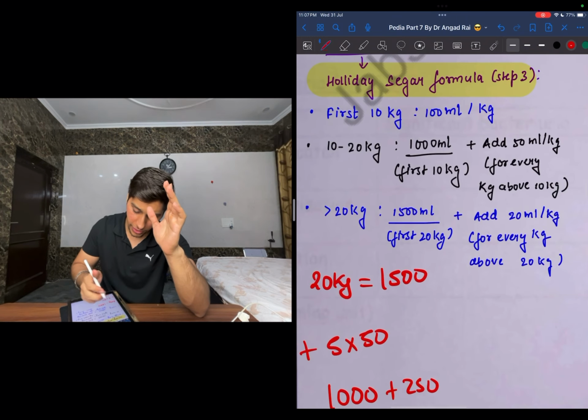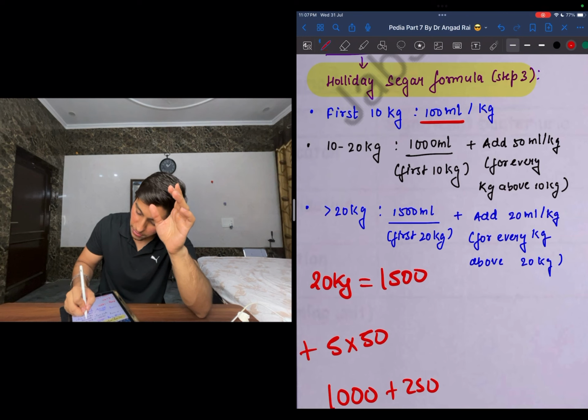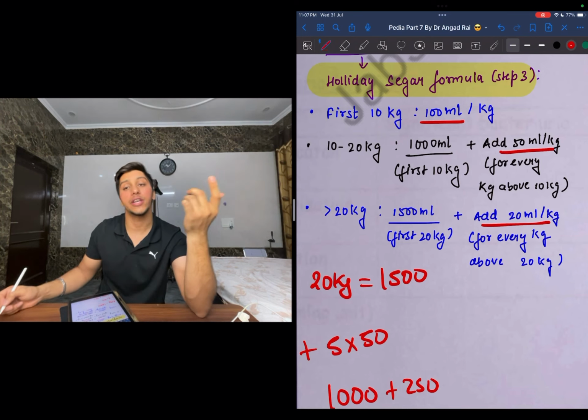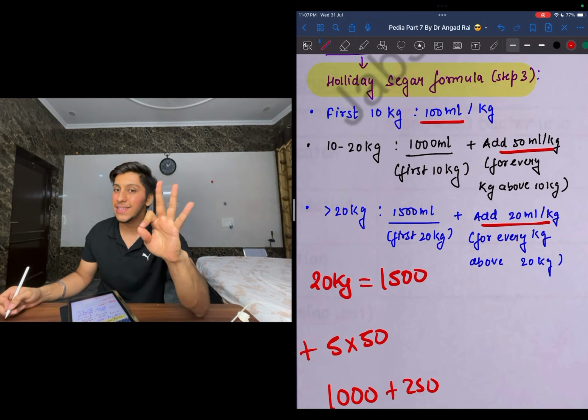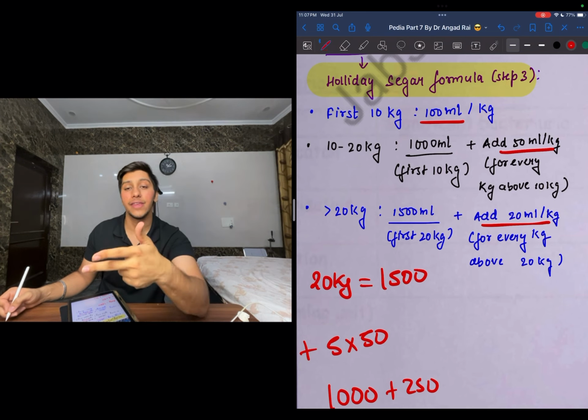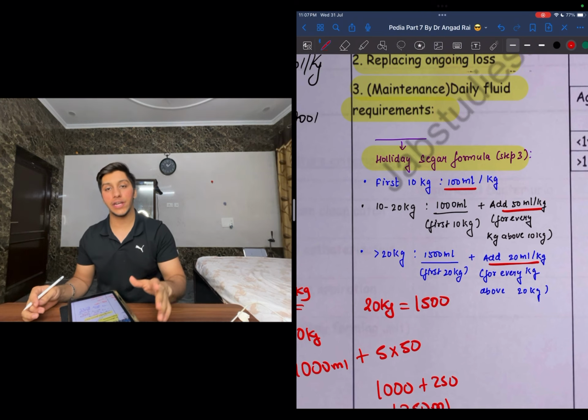I have written it over here. First 10 kgs 100 ml per kg, next 10 to 20 kgs add 50 ml per kg, and after 20 kg you'll add 20 ml per kg. Simple. These three things you have to do over here: rehydration at 75 ml per kg in the first 4 hours, ongoing loss treatment, and then using the Holiday-Segar formula, you are going to calculate the maintenance of daily fluid.